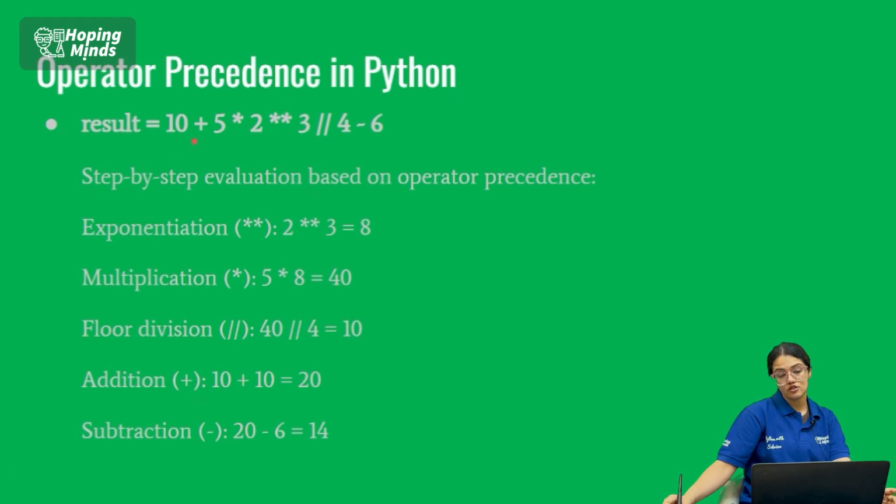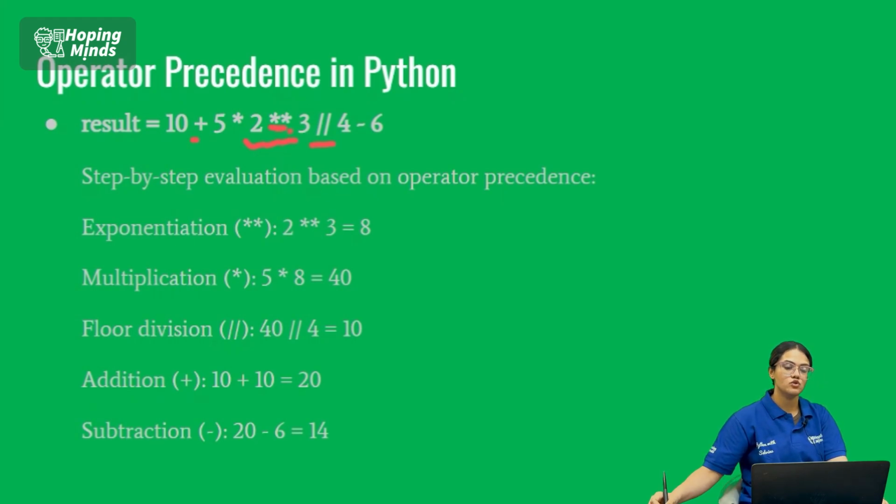So we have various operators. I have plus, I have multiplication, and now this double star stands for exponential. Then I have this floor division. All right, so first of all, this exponential operator is solved.